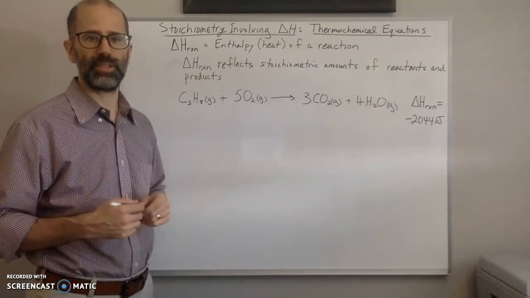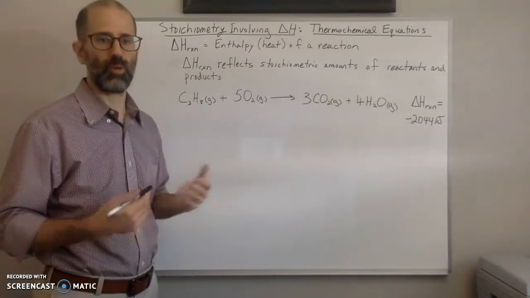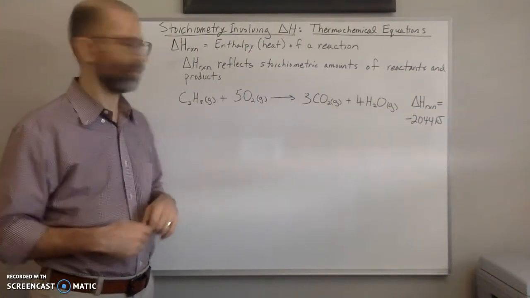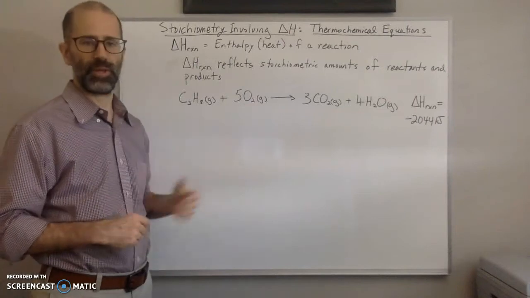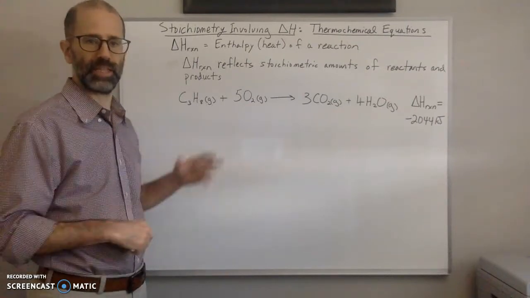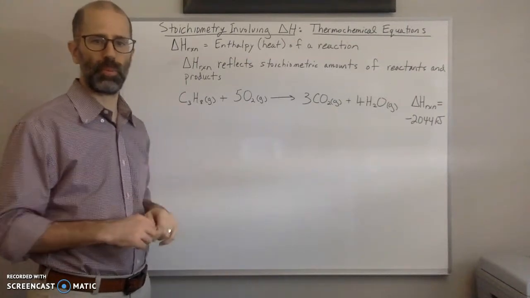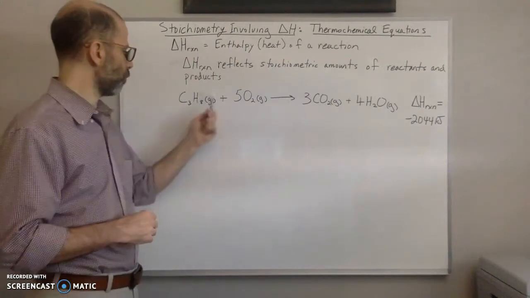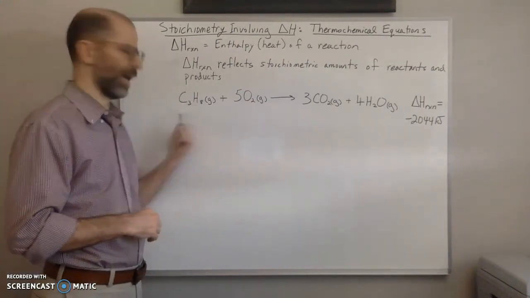And so usually this is given to you along with a balanced equation. The example of a balanced equation with an enthalpy of reaction given is the burning of propane. Propane is C3H8 gas.